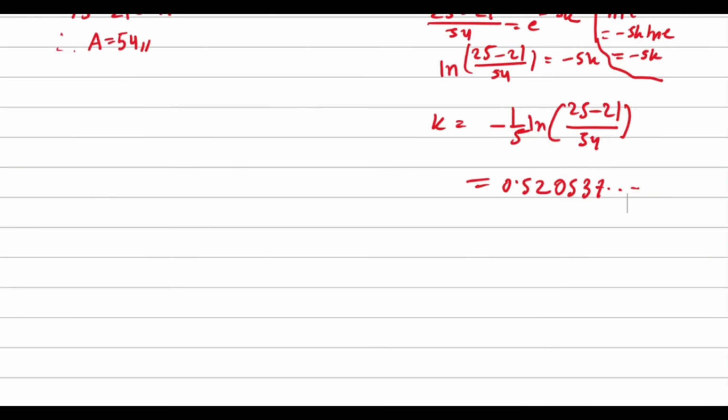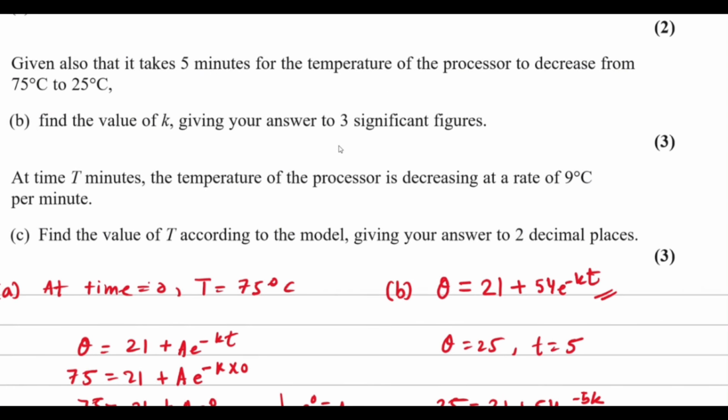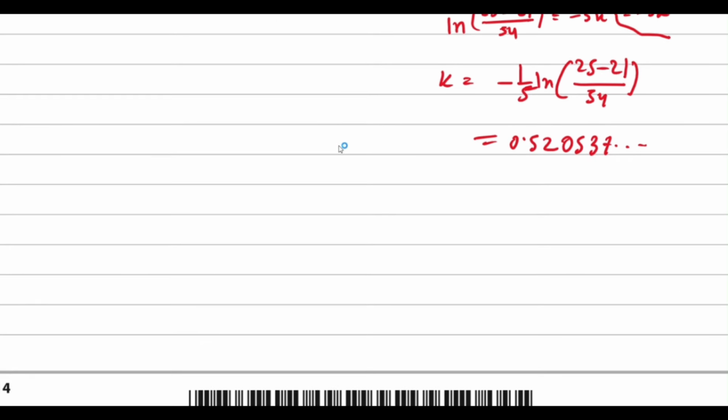Now from the question we can see that we have to keep the value of k to 3 significant figures. So we are going to keep the value of k to 3 significant figures, and this is our final answer for part B.